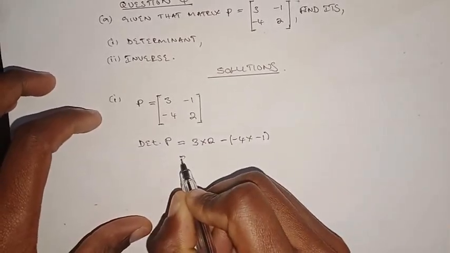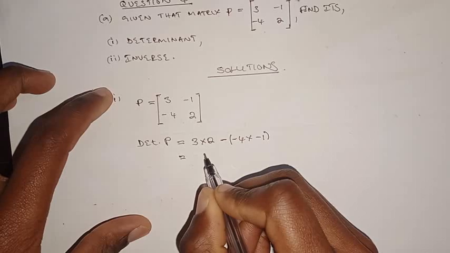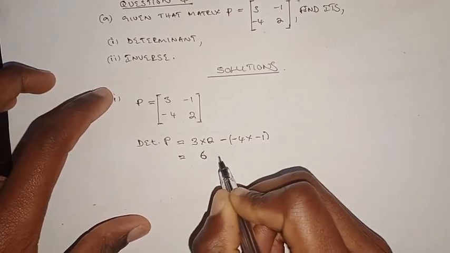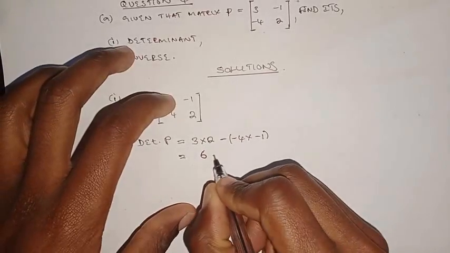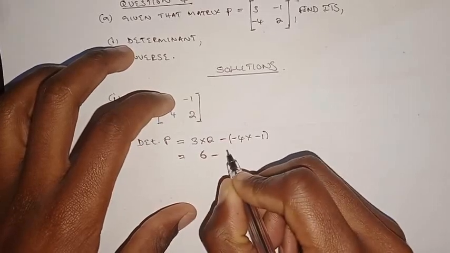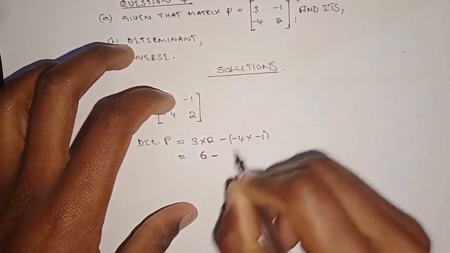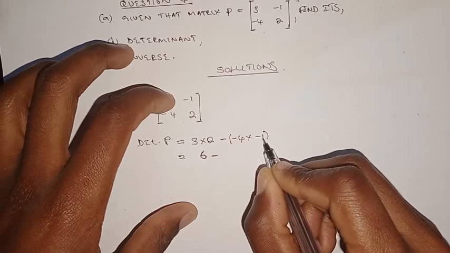Okay, so let us do that. What is 3 times 2? It's going to be 6. So indicate a 6 like so. So now here, as you can see, let me first of all indicate a minus. We need to first work out what's inside the brackets. So what is -4 times -1?